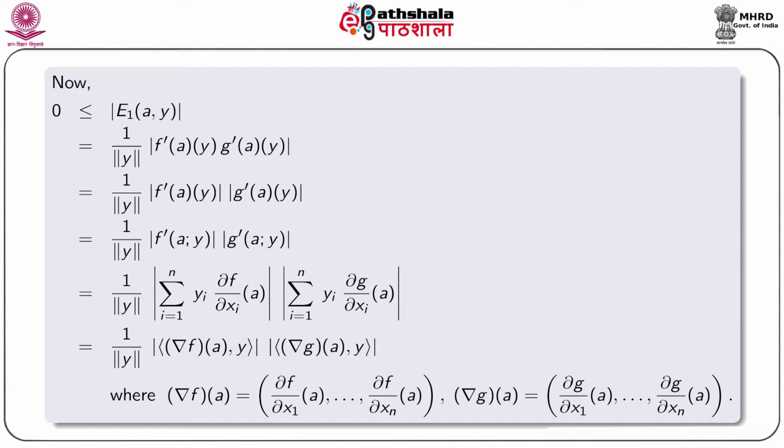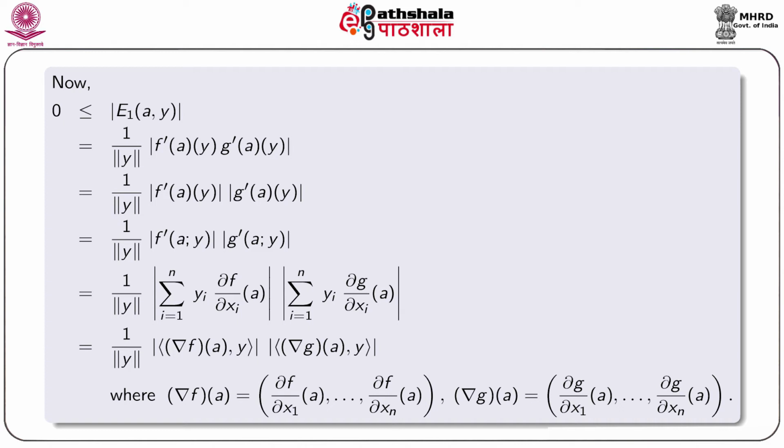Now, we take the help of some results we deduced earlier. So, we have this quantity equal to 1 by norm y multiplied by modulus of sum of yi del f del xi at a multiplied by modulus of sum of yi del g del xi at a.